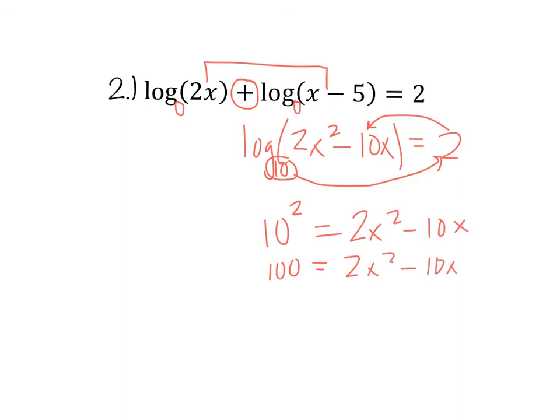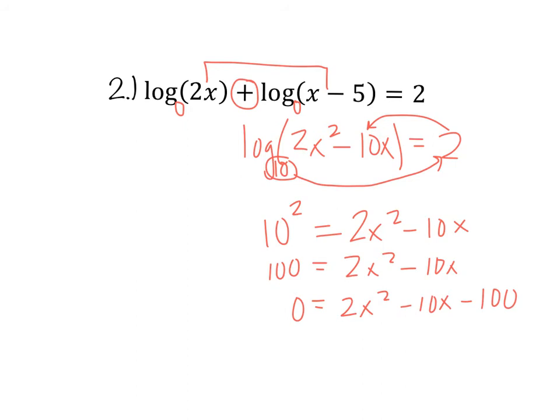And then, yep, you guessed it, we have a quadratic. So I do need to move some things around. I'm going to move the 100 over to the right-hand side. So I have 0 equals 2x squared minus 10x minus 100.